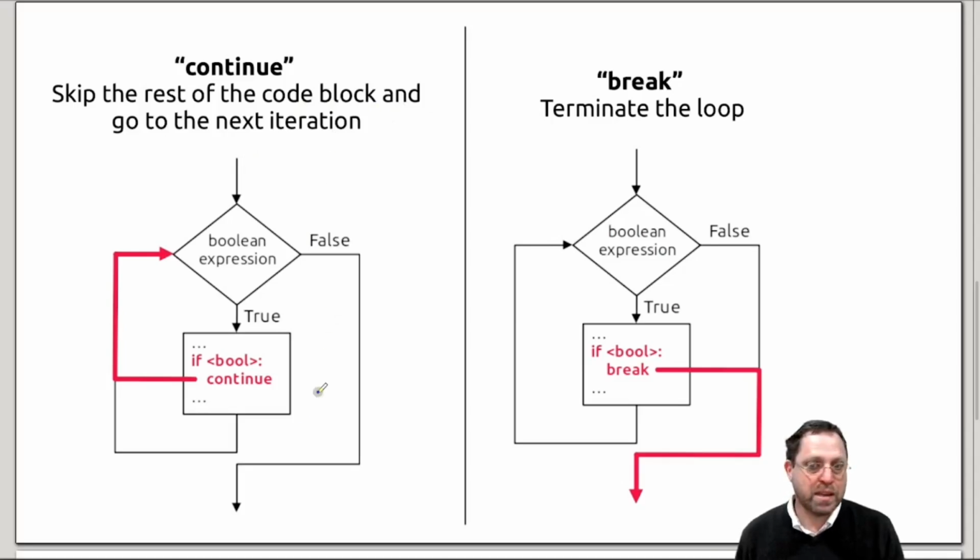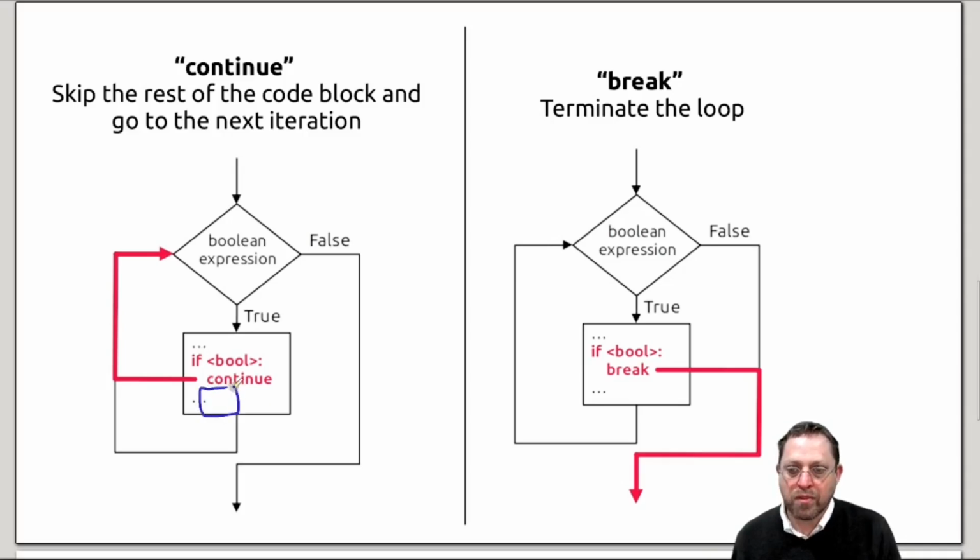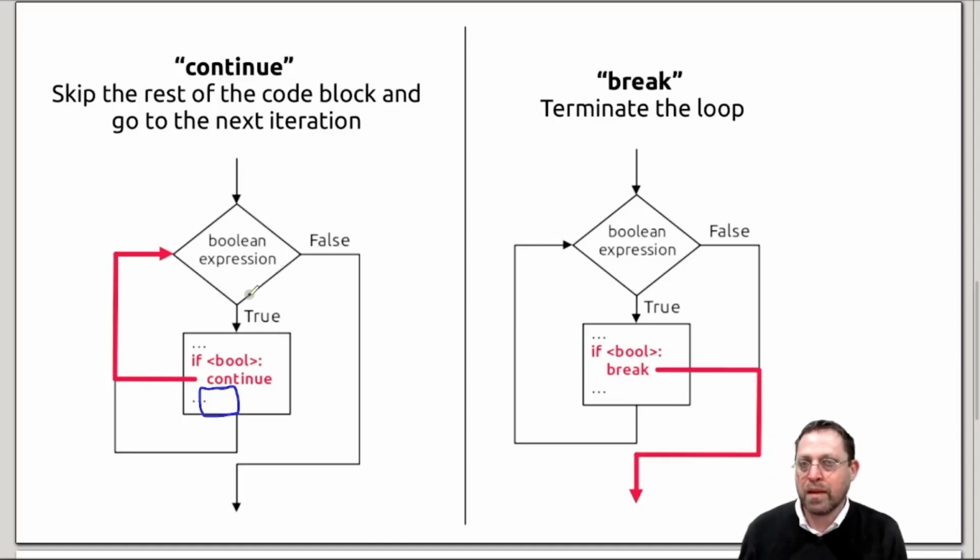You can put continue anywhere inside of your looping code block, and when the interpreter hits that line, it's going to ignore everything that follows it in the code block and go straight back to the beginning and evaluate the Boolean expression. And from there, everything proceeds as before. If it's false, then we're done. And if it's true, it will start the code block from the beginning.